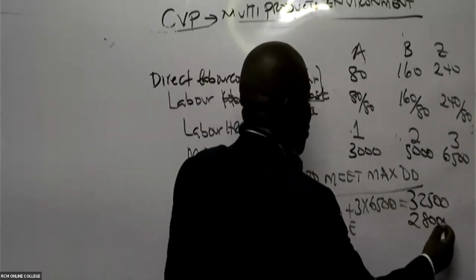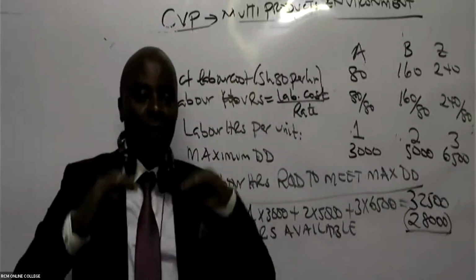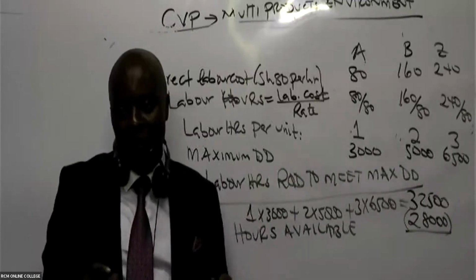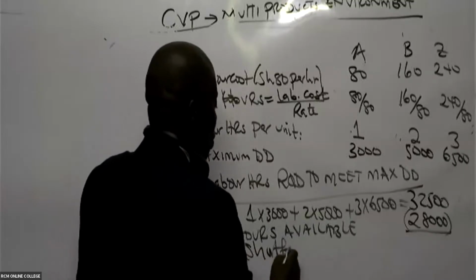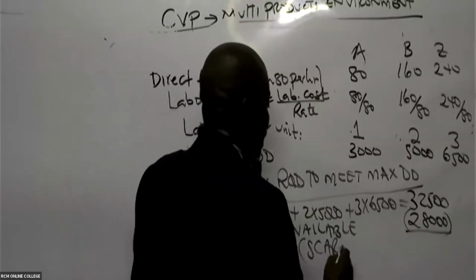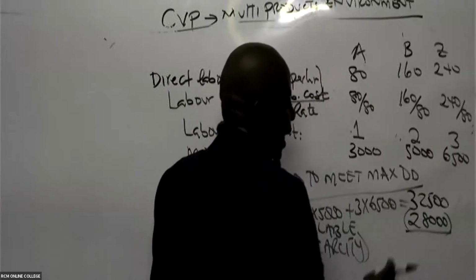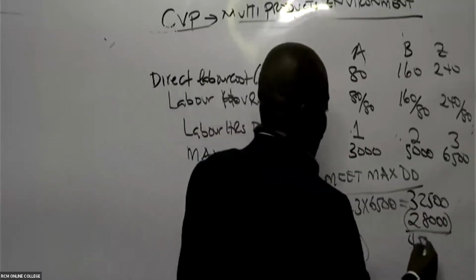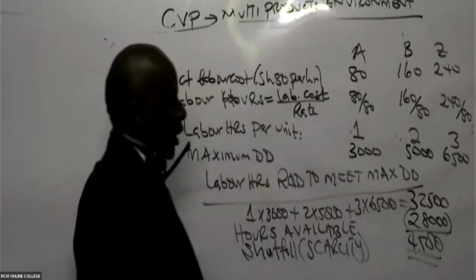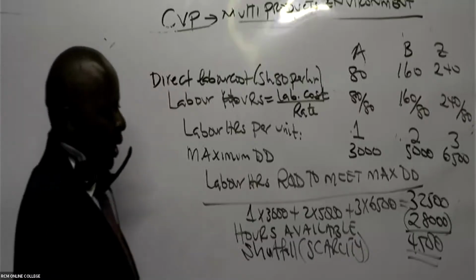So in that case, are you able to see a shortfall? Yeah, we need much more than we have. This is scarcity. So the shortfall, this minus this, what answer are we able to get? 4,500 hours. Thank you so much.